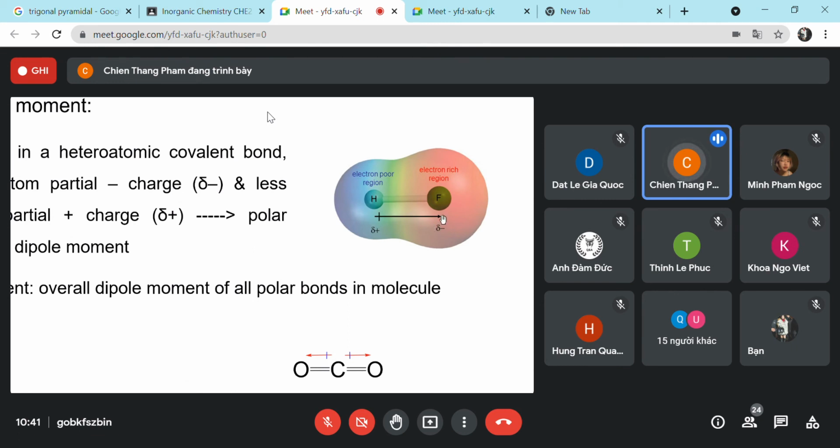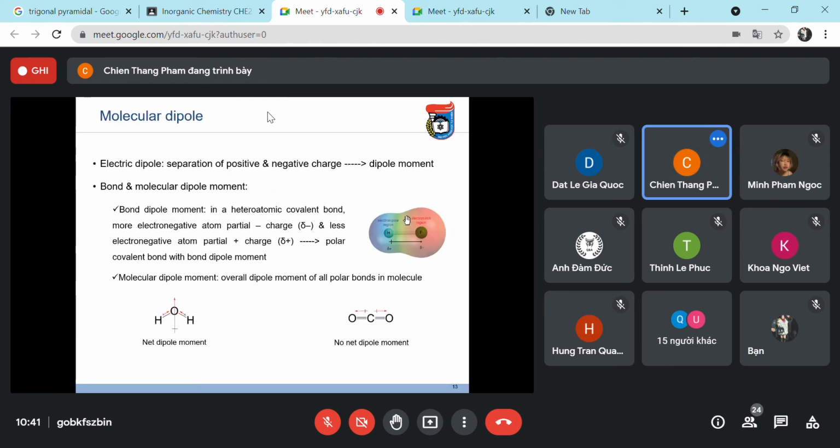This is the vector for the dipole moment. The vector is from hydrogen to fluorine. This is the dipole moment of the HF bond. So when we consider each bond in the molecule, we can determine the bond dipole moment.